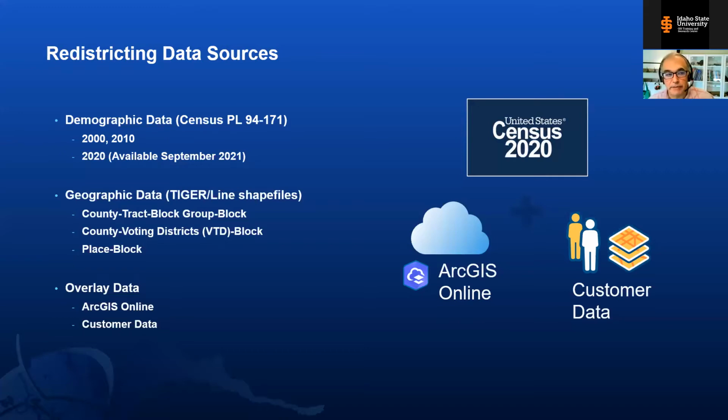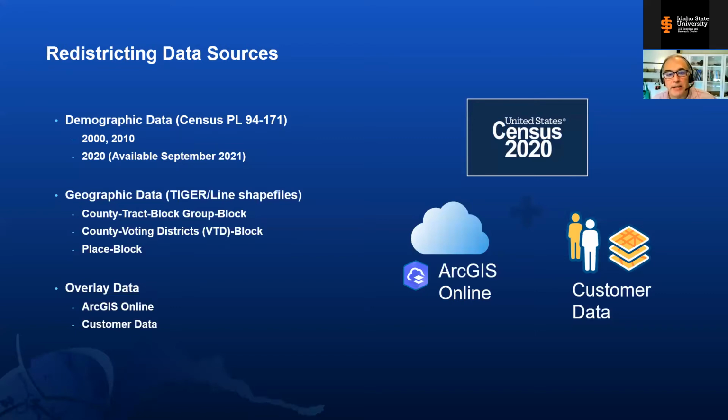In fact, the drop-dead date was supposed to be September 30th, which was next week, but by some amazing work, they got the data out at the very end of August. So the official census data is out now, and it's incorporated in the Esri technologies as appropriate.